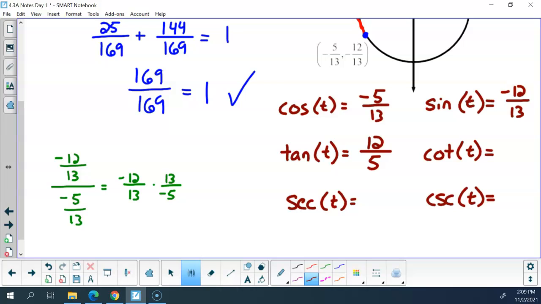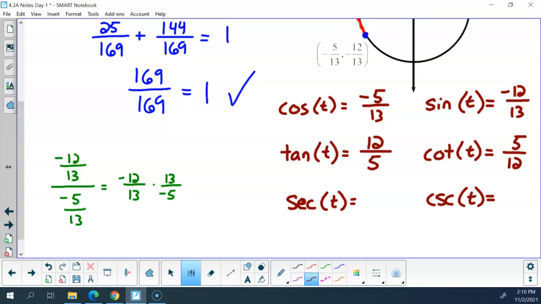Which one's 5/12? Cotangent. Yep. Cotangent is 5/12. Give me another one. Say it out loud. Is which one? Secant?